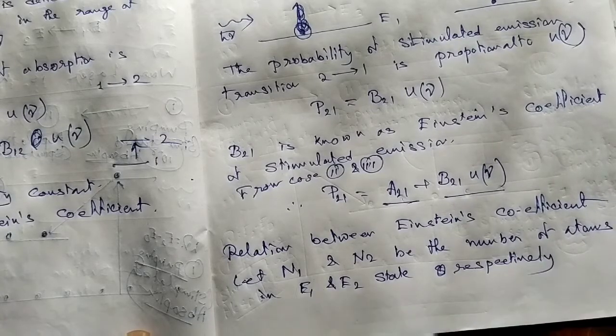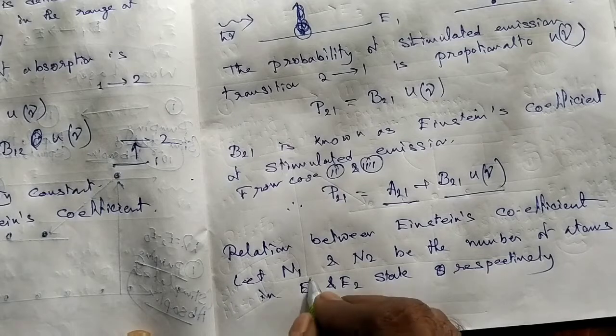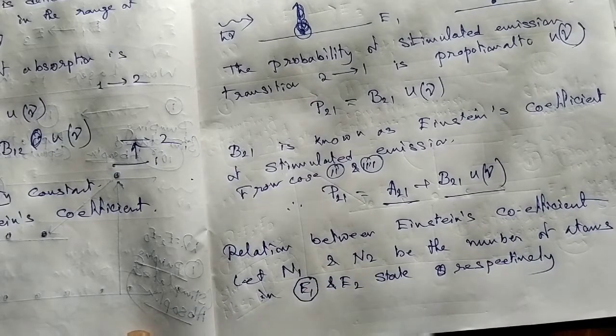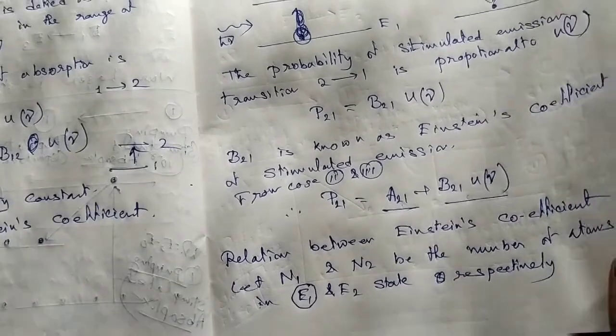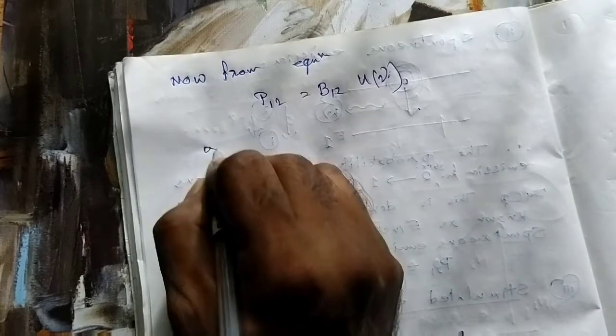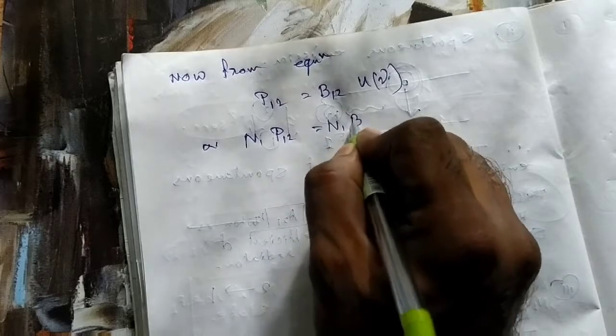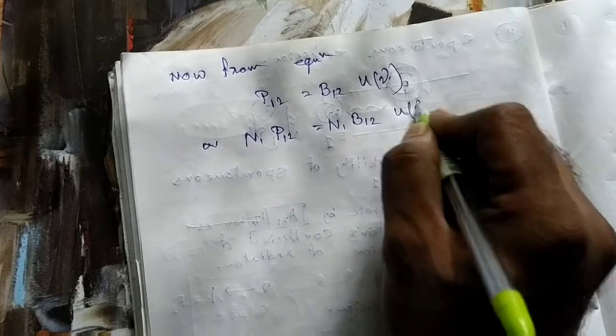So let's think that the E1 state is occupied by N1 number of atoms, and the E2 state is occupied by N2 number of atoms. Okay, now from the equation we already have P12 is equal to B12 U nu. Now N1 P12 is equal to N1 B12 U nu.